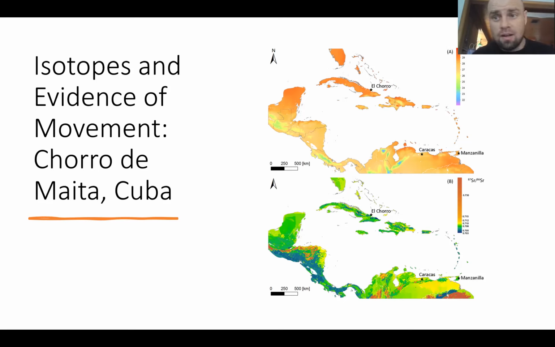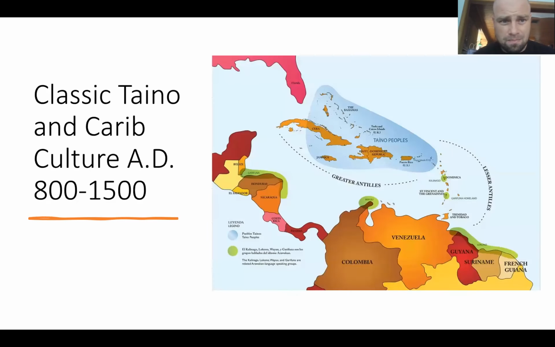So I think that as more studies are done, and it seems like he's now doing multi-elemental studies, looking beyond strontium to things like oxygen, we're going to get better evidence of human mobility than what is presently known.